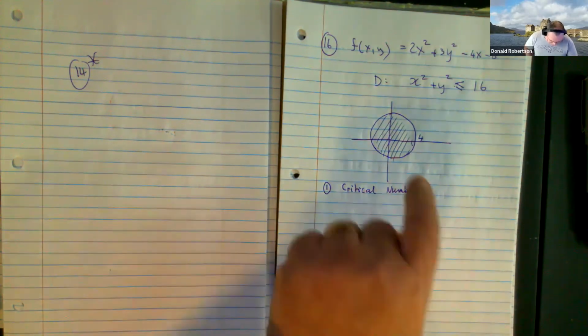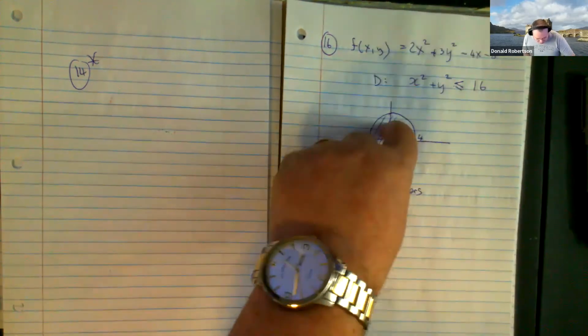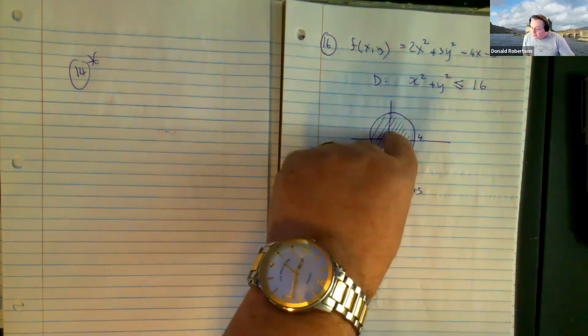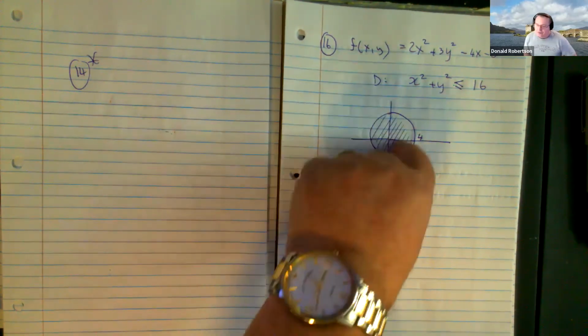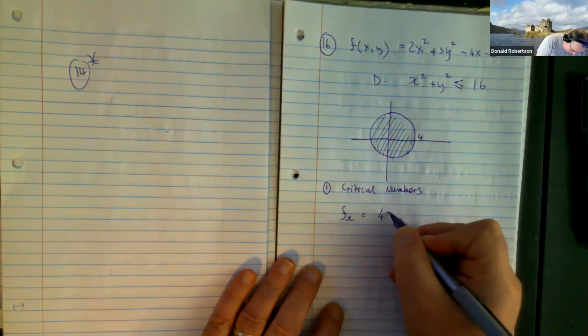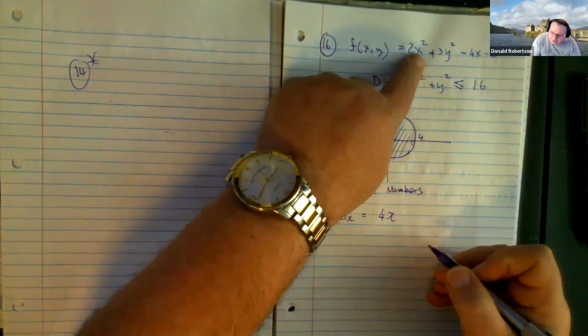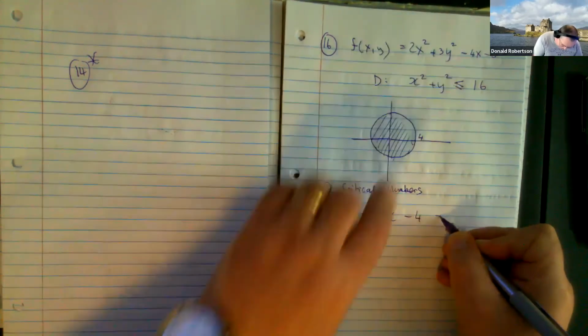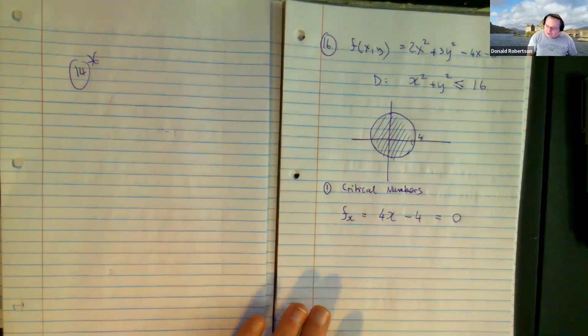Right. So as I was saying, if you're going to do critical numbers here, aren't we only interested in any, because there might not be any, that are inside the circle? So here goes. There's 4x, minus 4. Oh, isn't it nice when they give you guys that come out easy?